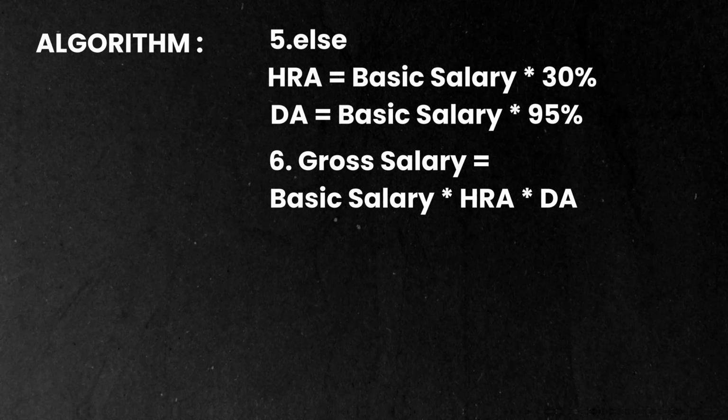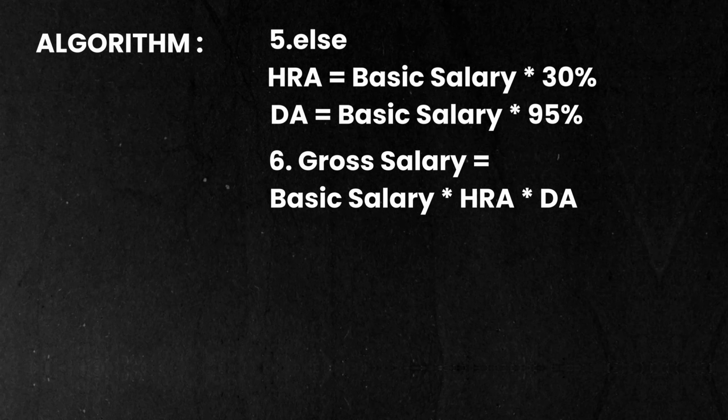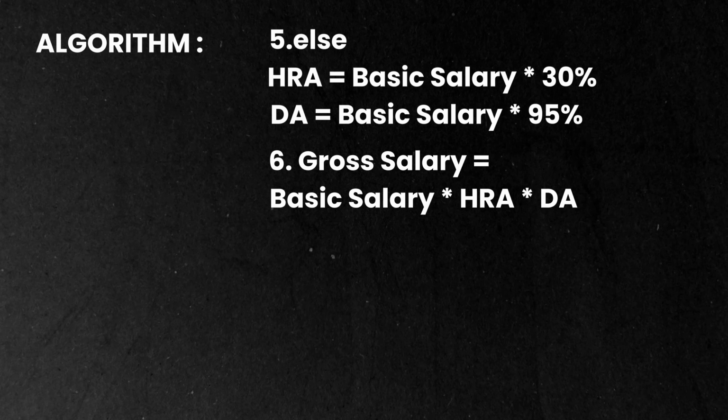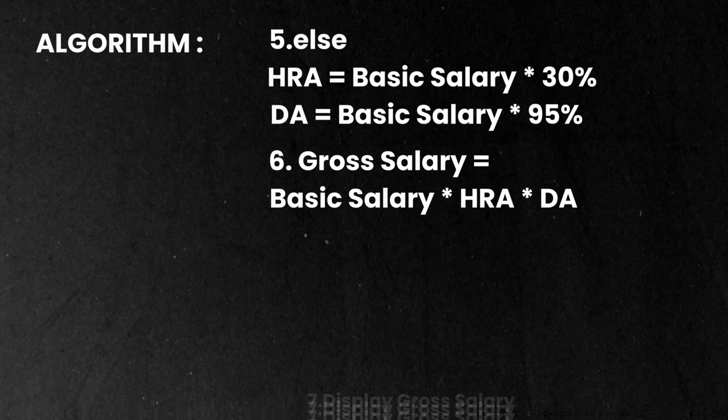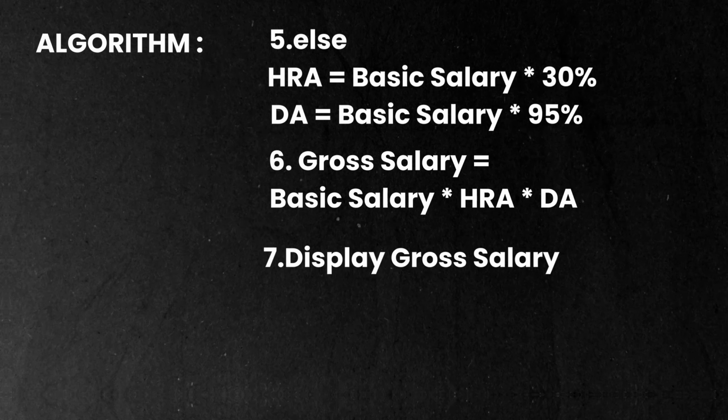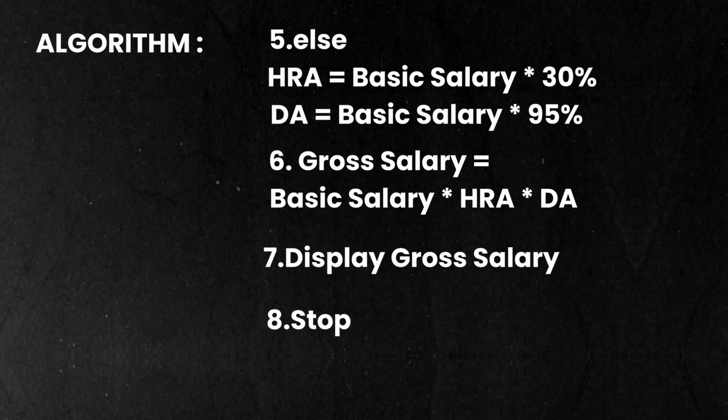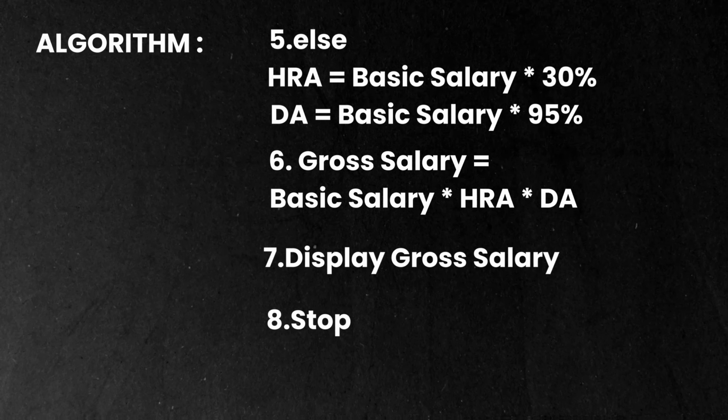So our next step, that is the sixth step, is to calculate gross salary. So gross salary is equal to basic salary plus HRA plus DA. Seventh step is to display the gross salary. Eighth step is to stop the program.